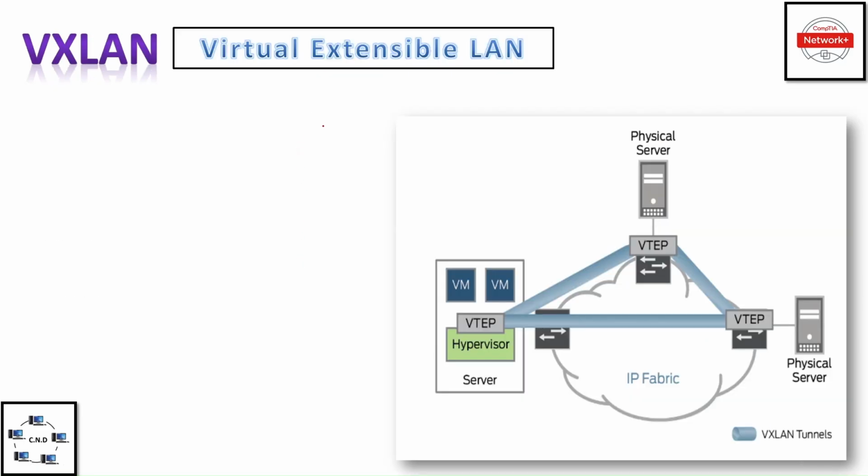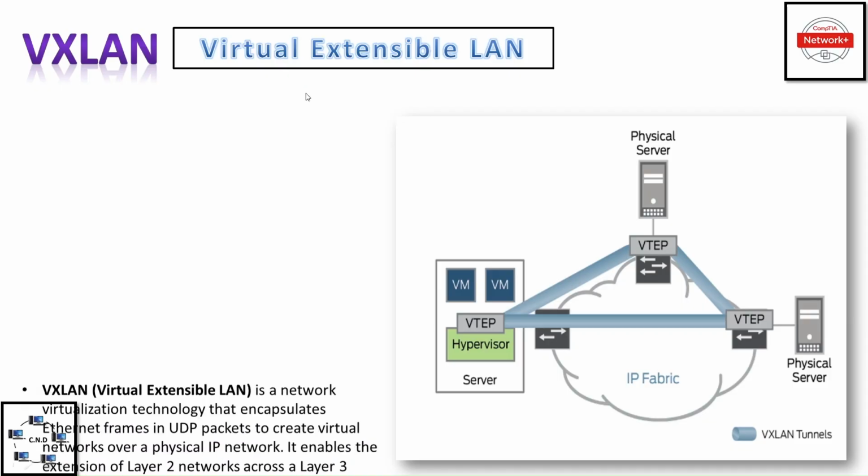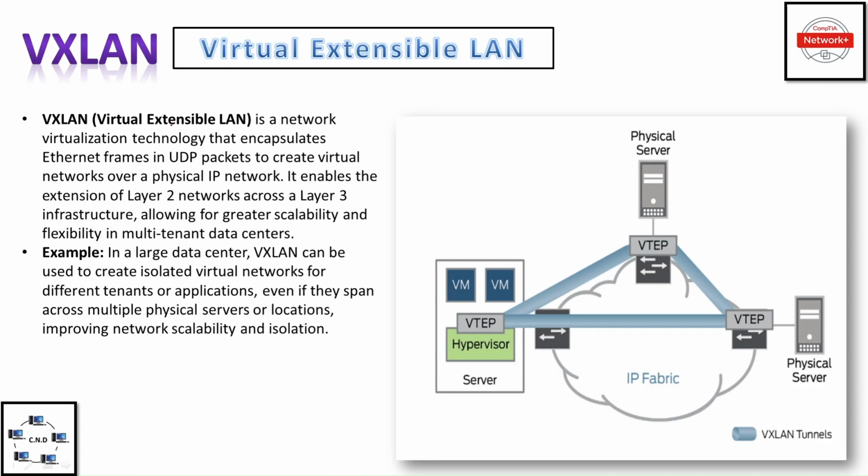VXLAN, that is Virtual Extensible LAN. VXLAN, Virtual Extensible LAN, is a network virtualization technology that encapsulates Ethernet frames in UDP packets to create virtual networks over a physical IP network. It enables the extension of layer 2 networks across a layer 3 infrastructure, allowing for greater scalability and flexibility in multi-tenant data centers.